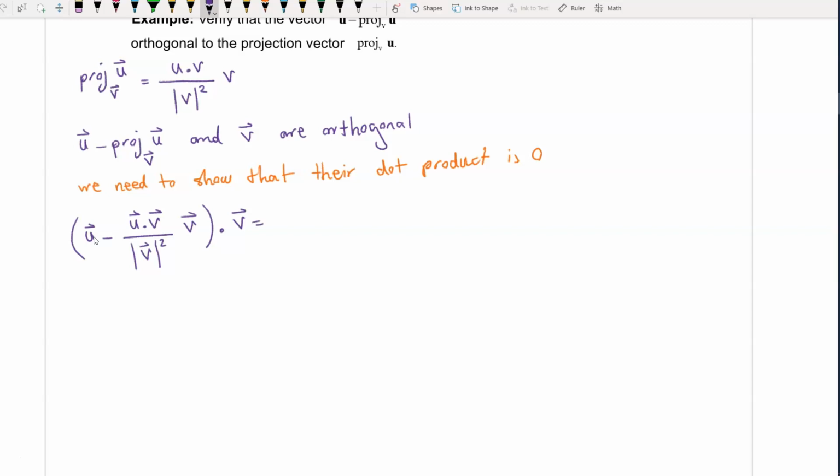So using the dot product, we have u dot v minus u dot v divided by the length of v squared multiplied by v dot v.